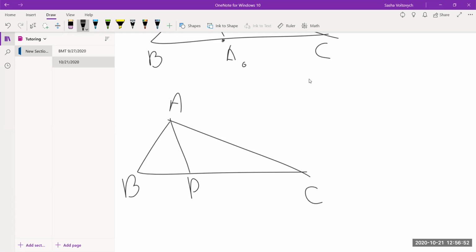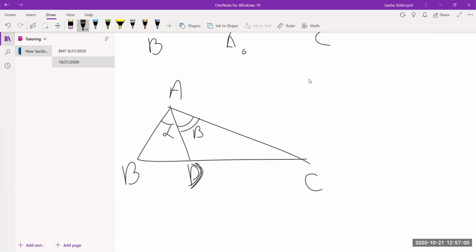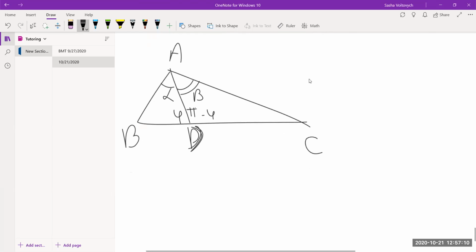So if this angle is alpha and this angle is beta, let's label this phi, and this will be pi minus phi. Then we can write the law of sines for these two triangles.